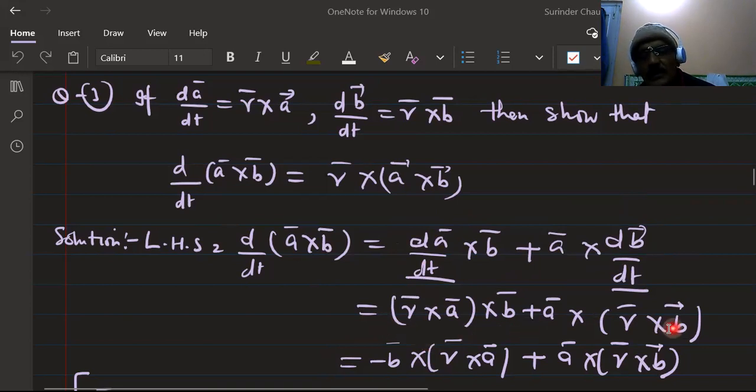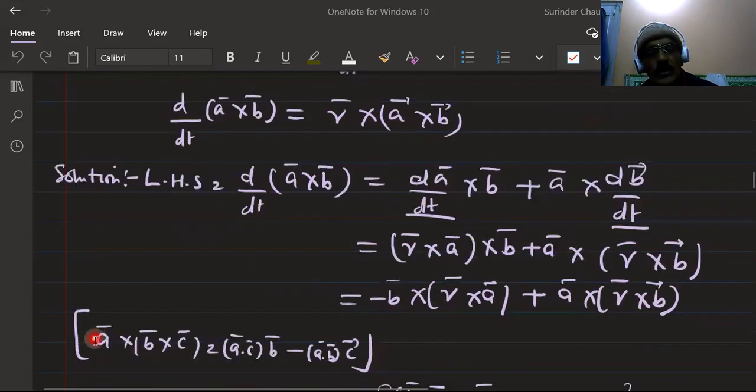Rearrange them in such a manner that we can use the result a cross (b cross c) is equal to b(a dot c) minus c(a dot b). In a cross product, if you change the order then there is a minus sign: a cross b is equal to minus b cross a.